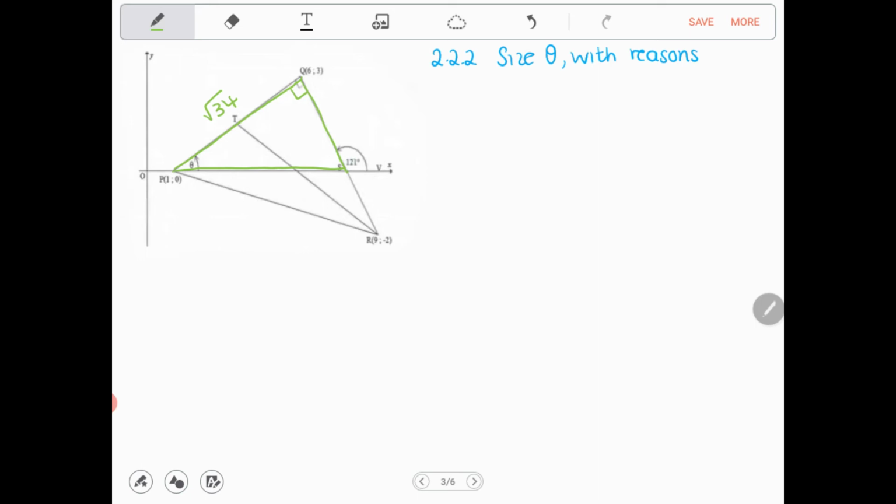I know that angle QSP is going to be 180 minus 121 because they're adjacent angles on a straight line. So that means QSP is going to be equal to 59 degrees. Okay, so this is going to be 59.